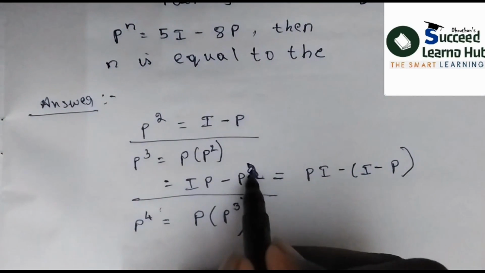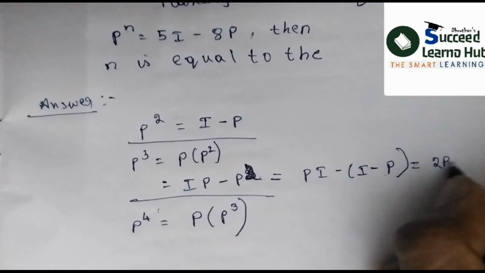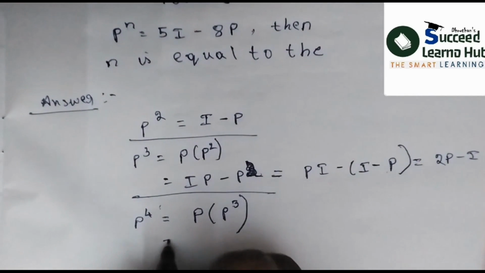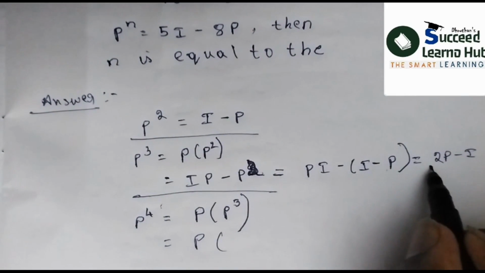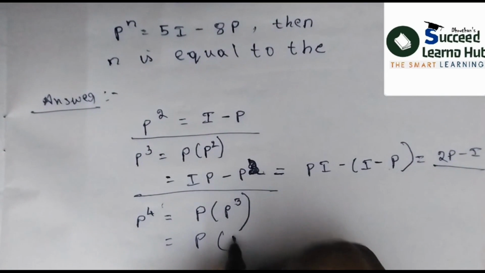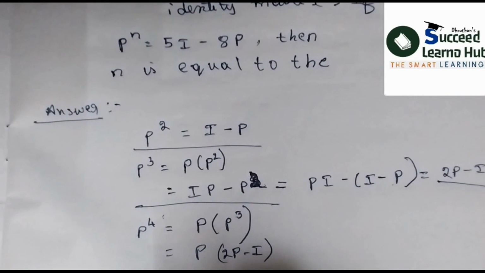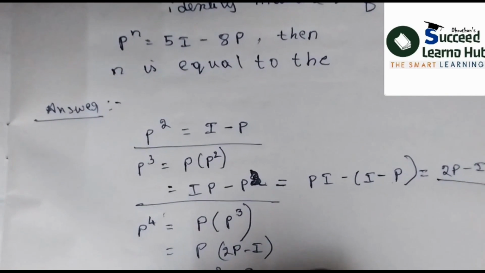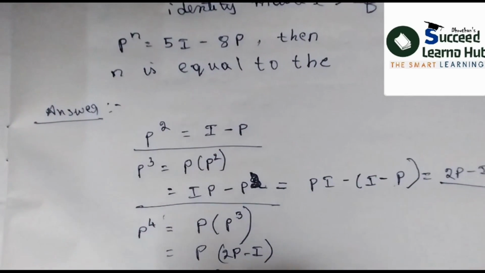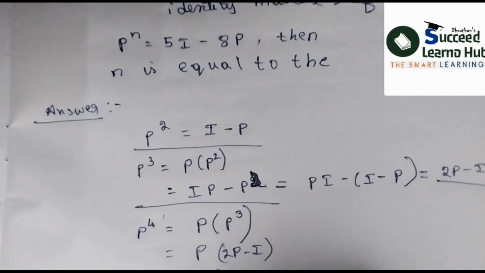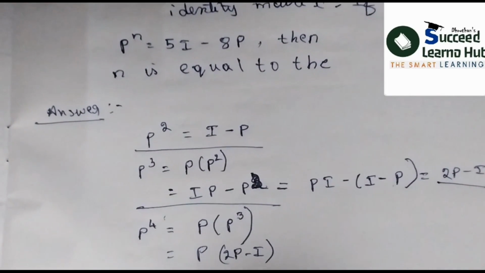This is because we have substituted the value for P square here, which comes out to be 2P minus I. Now, P into P cube. P cube is 2P minus I as proved above. P into (2P minus I), which will be equal to 2P square minus P. Again, by substituting the value of P square, we get 2I minus 2P minus P, which is equal to 2I minus 3P.